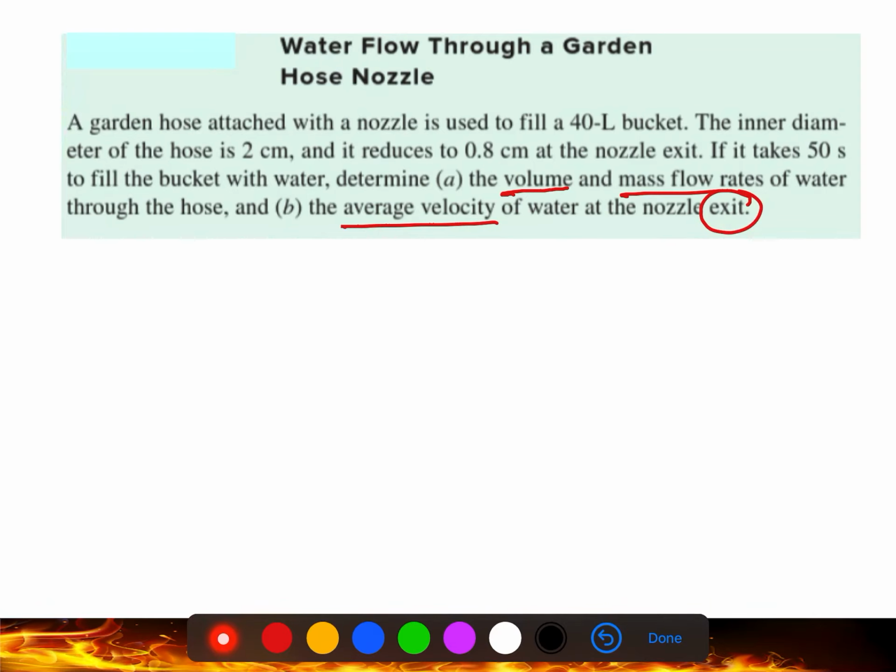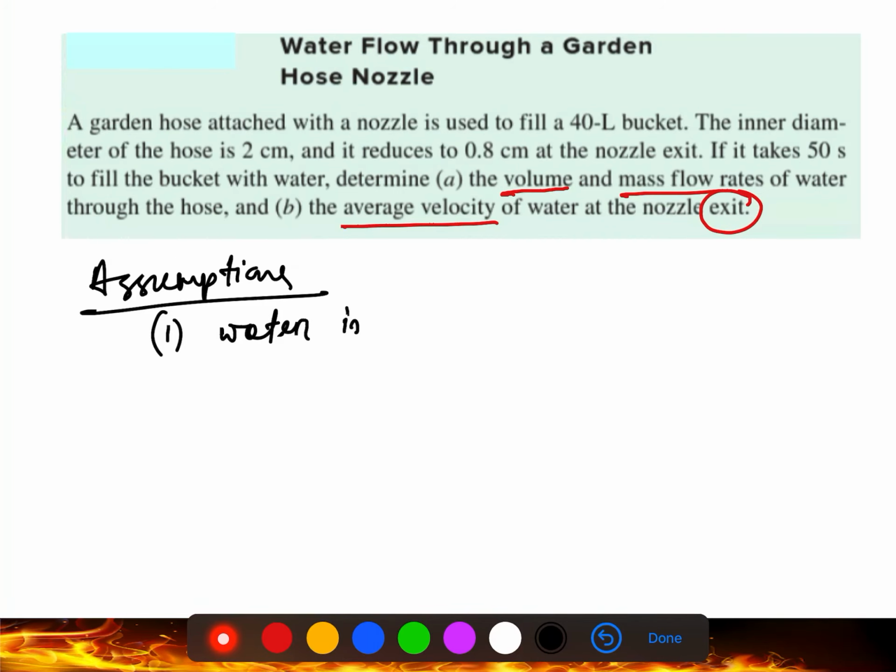Here we'll write down some assumptions. The first one we can say is water is a nearly incompressible substance. The second assumption is that it is a steady flow, so the water flow is steady. And the third assumption, we do not need any third assumption, so these two should be enough.